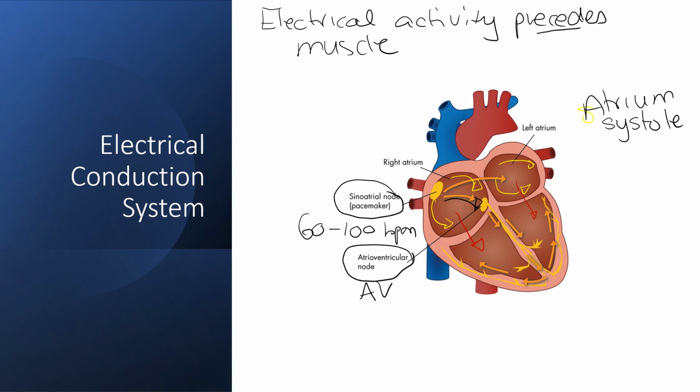Once they eject their blood, the atriums are now going to relax, or go into what we call diastole. That current now is going to move down the middle of the heart, and this portion right here in the middle, we call the AV bundle, or bundle of His.